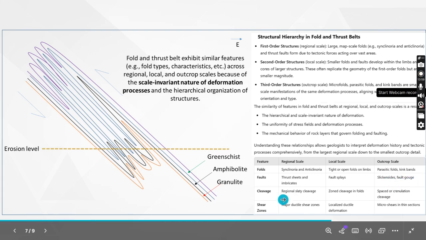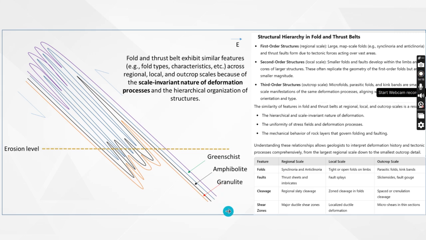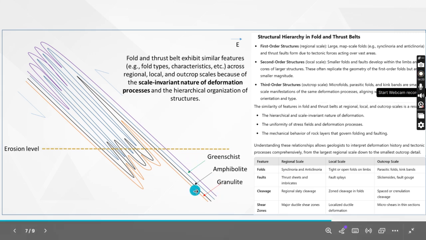Similarly, regional slaty cleavage, zonal cleavage, spaced cleavage. These are all dependent upon the scale of observation. That's all. Shear zones also, the same thing happens. So similarly, if regionally greenschist, amphibolite, granulite facies form at different pressure temperature condition, when intense folding and thrusting take place, they can occur together sometimes.